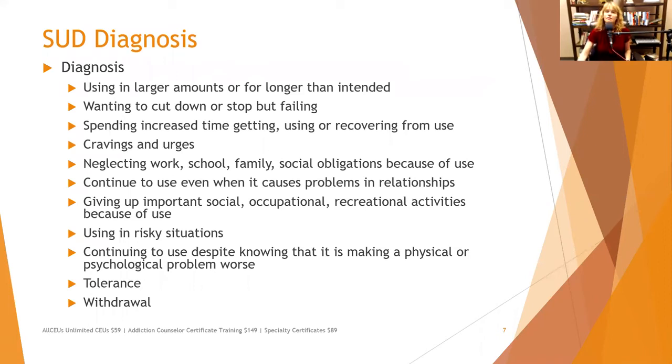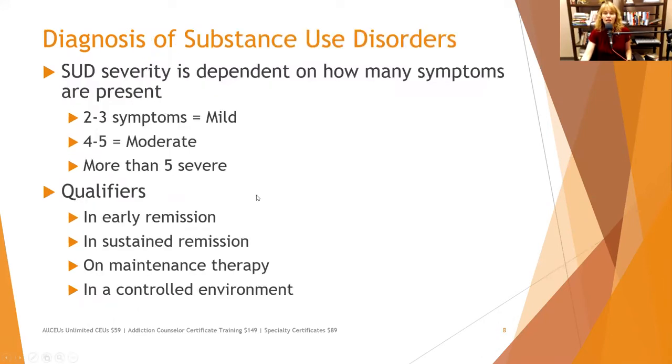So people who have a certain number of criteria meet the criteria for substance use disorder. If they have 2 to 3 symptoms, so that's not many, then they have mild substance use disorder, which is what we may have called substance abuse in the past. 4 or 5 is moderate, and more than 5 is a severe substance use disorder, which in the past we would have called substance dependence.